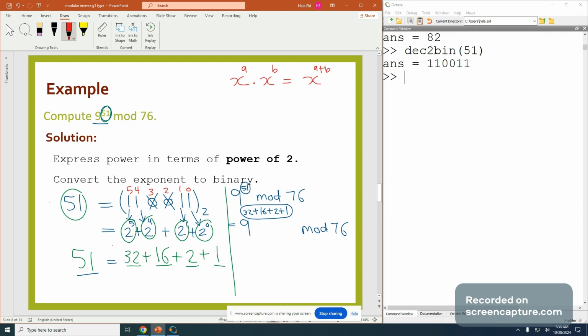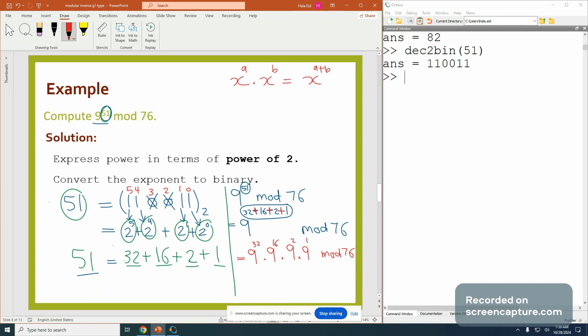It is the same thing here. I have 9 to the power of things added up, so this is equivalent to 9 to the 32 times 9 to the 16 times 9 to the 2 times 9 to the 1, and then don't forget about the mod 76.